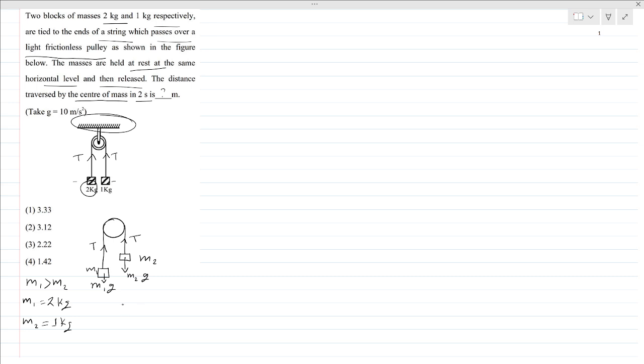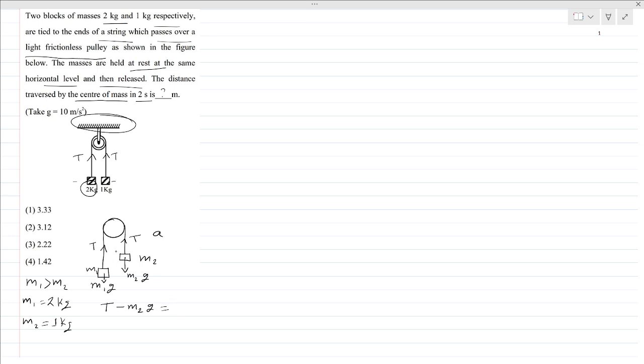If we write the equation of motion according to Newton's second law, m2g is less than tension T, that's why m2 is going upward. Therefore, the unbalanced force T minus m2g is responsible for moving mass m2 upward with acceleration a.